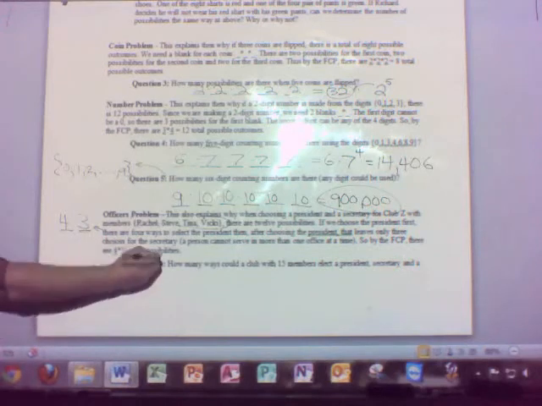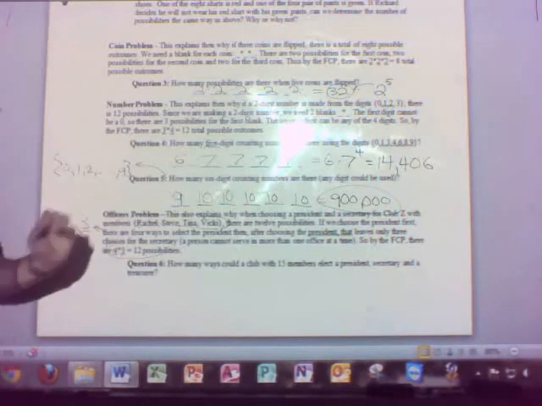Instead of 4, it goes down to 3. 4 times 3 gives me 12. Okay? So if you can't have those repetitions, that's what it boils down to. If you can't have the repetitions, then this number is going to have to go down as you go.